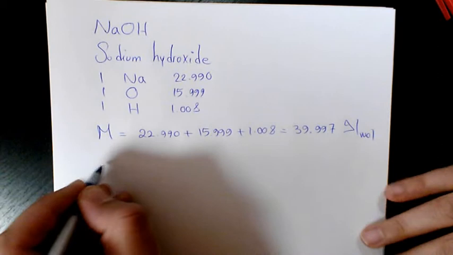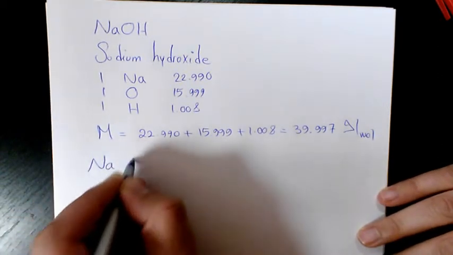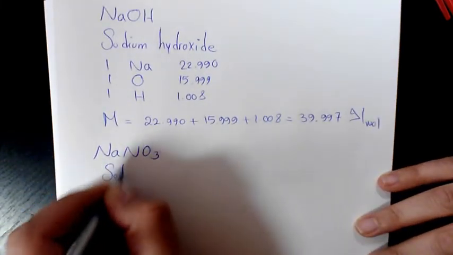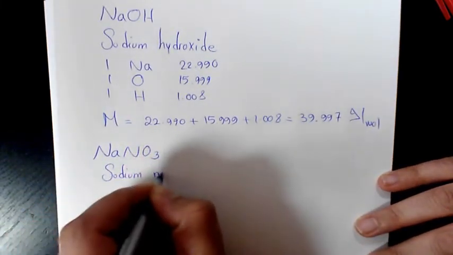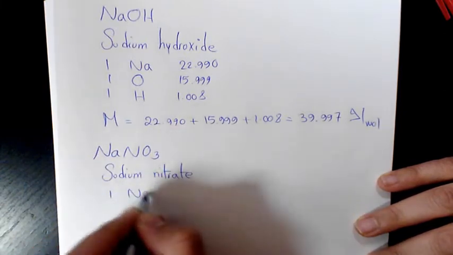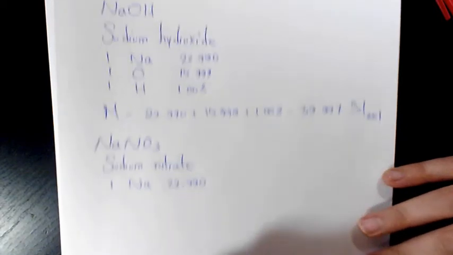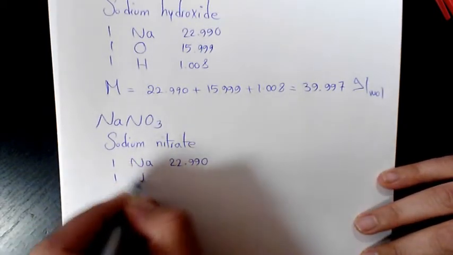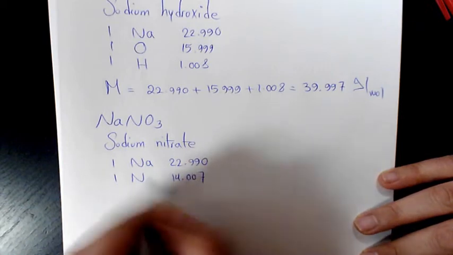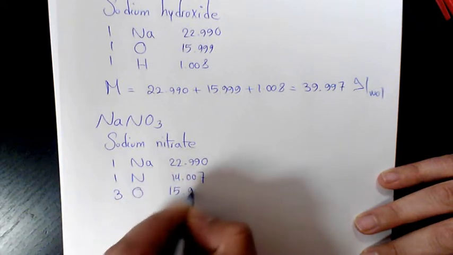Next compound is sodium nitrate, NaNO3. We have 1 atom of sodium. Atomic mass is 22.990 from the periodic table. We have 1 atom of nitrogen, which is 14.007. We have 3 atoms of oxygen, 15.999.